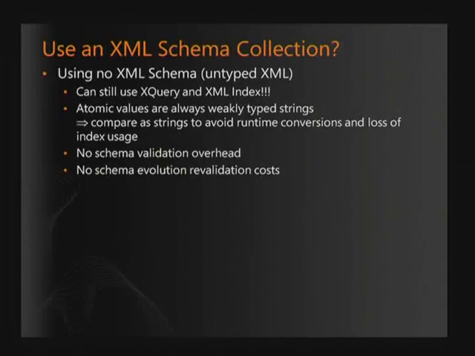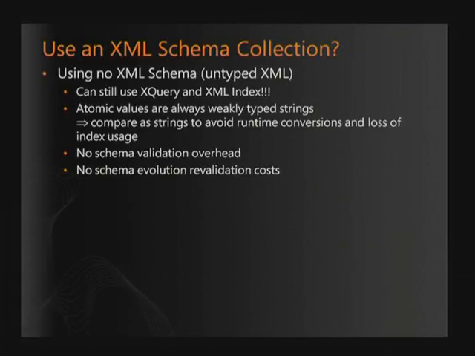Atomic values are always untyped, weakly typed strings. There is no schema validation overhead, which is good from a performance point of view. And there are no schema evolution revalidation costs or having to drop a schema and add a schema if your data changes, etc. So there are some advantages of not using the schema and doing validation on the mid-tier.